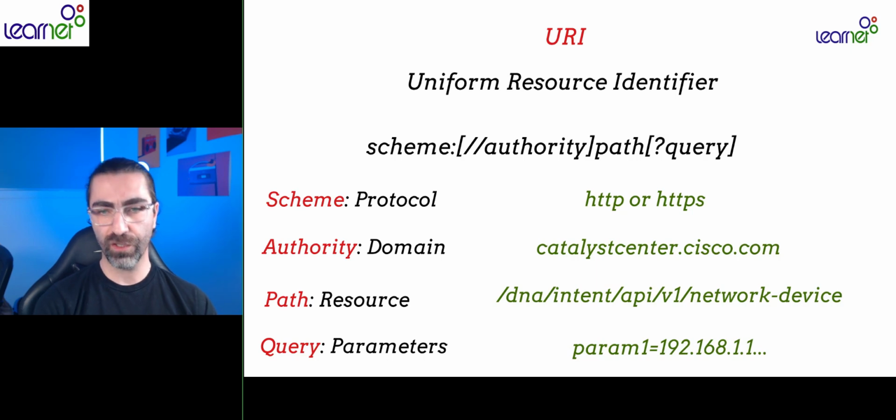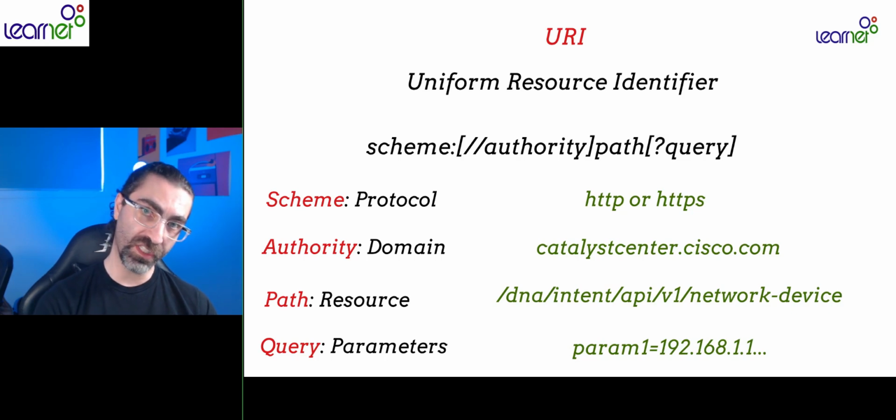So if you mention, for example, https://catalystcenter.cisco.com/ that path, and then a question mark and the parameter 192.168.1.1, what will be returned to you is the specification or whatever that DNA Center has for that device 192.168.1.1, and you will receive it in return.